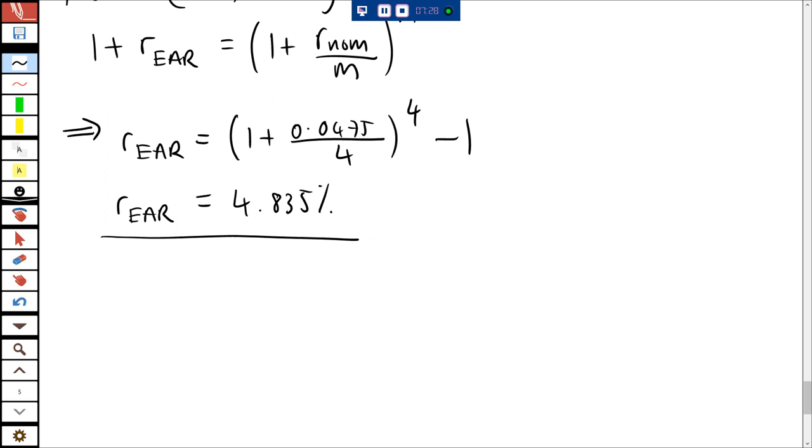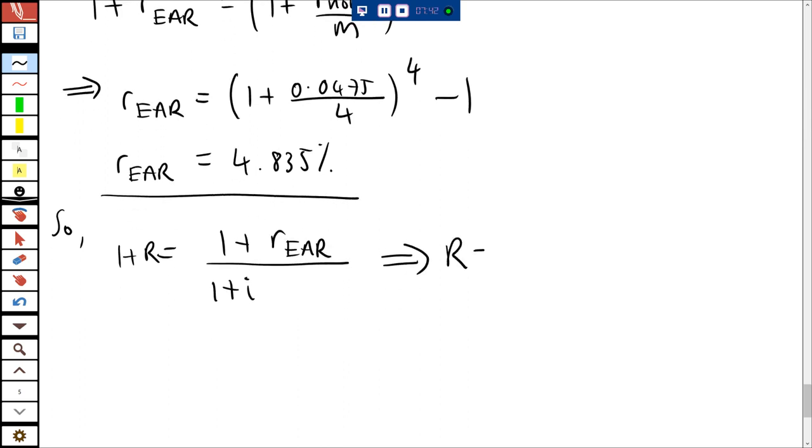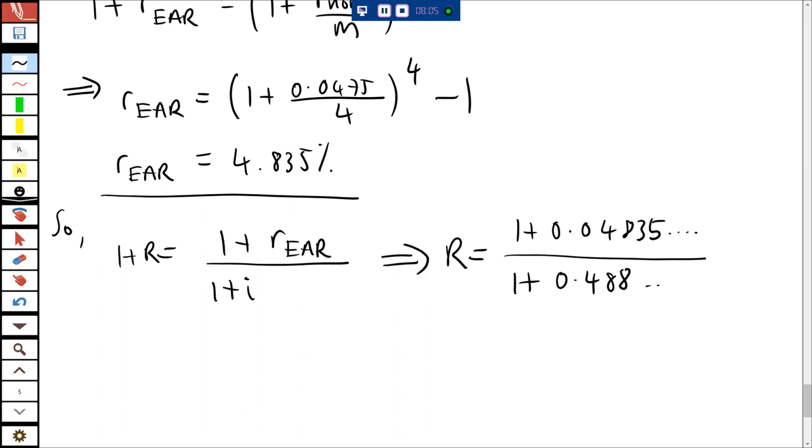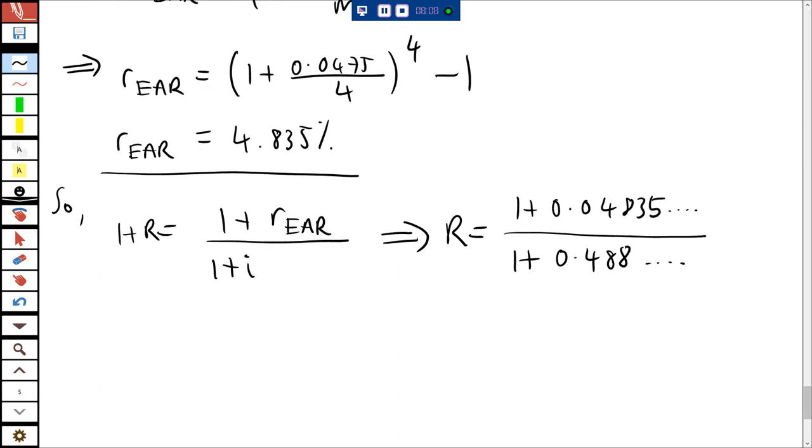And now going back to Fisher's equation, we can drop all these numbers in, and we find that the real rate of interest is 1 plus some of these numbers we calculated, 0.04835, and there's some other numbers. We should use the exact number in the calculator. Rate of inflation was 0.0488, and there were some other digits on the end. Take away 1.